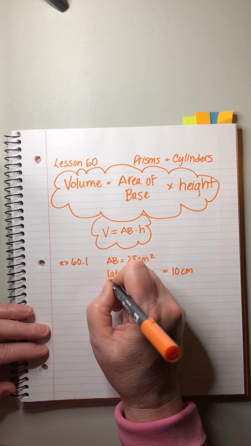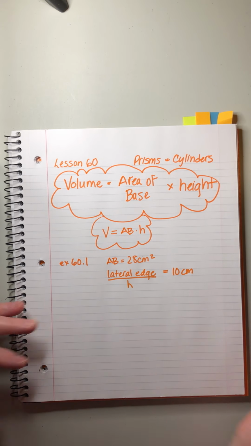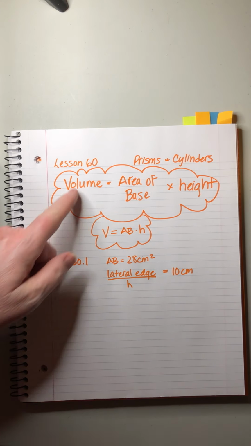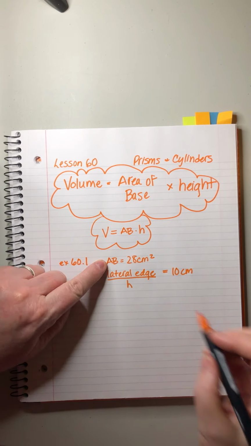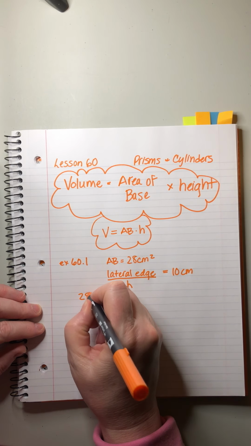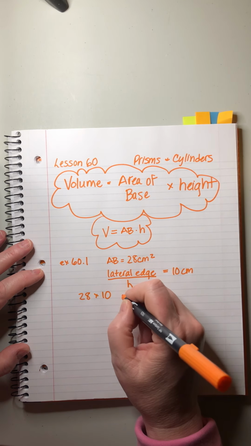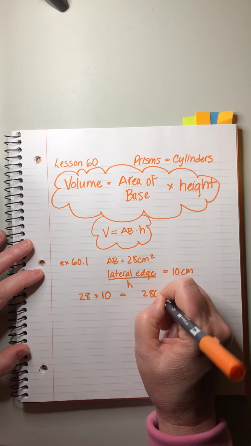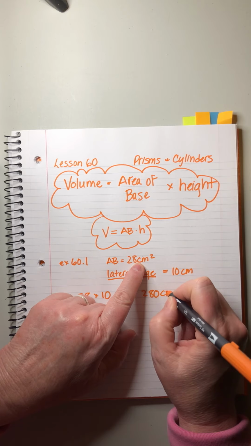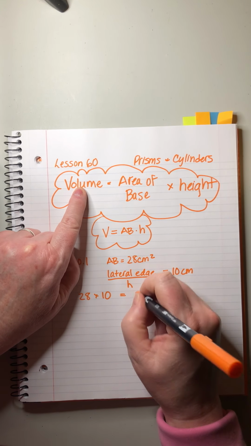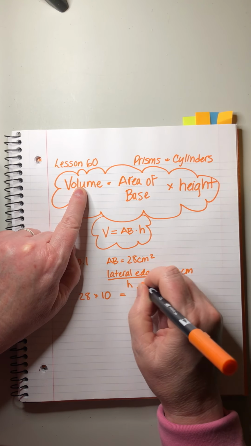Well, guess what? The lateral edge is just a fancy name for saying the height. So all we have to do for this problem is multiply the area of the base, 28, times the height, and he even chose such easy numbers, 280 centimeters, and it's volume, so it's always 3 dimensions. That's the answer.